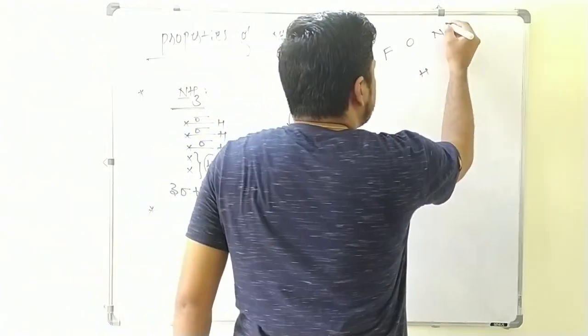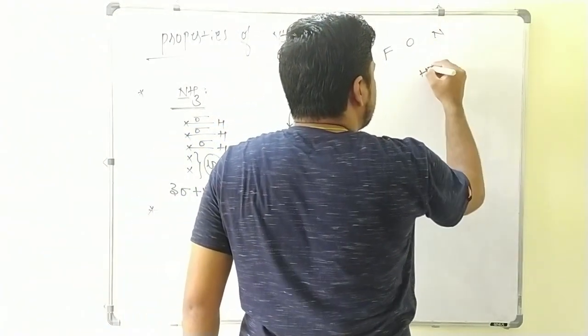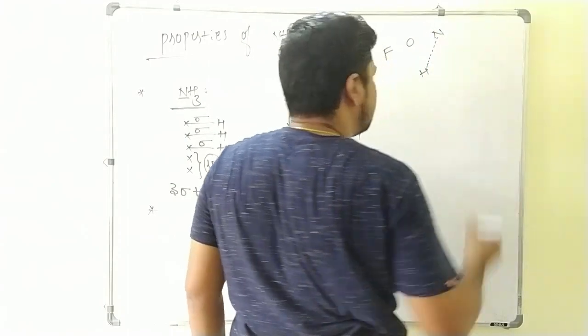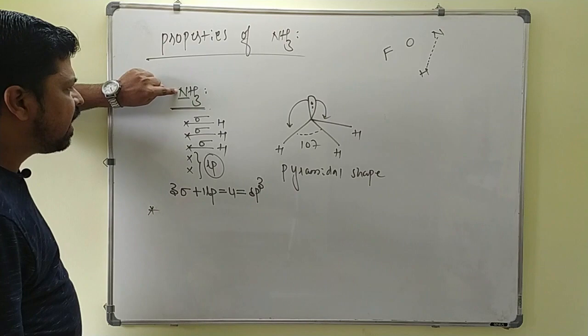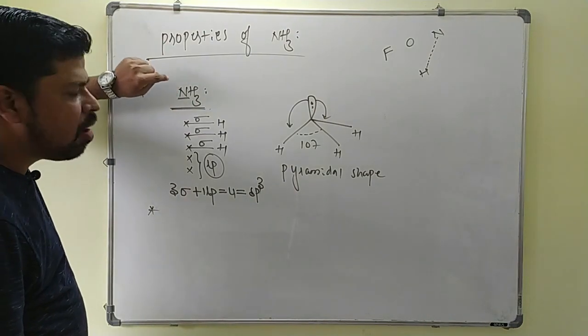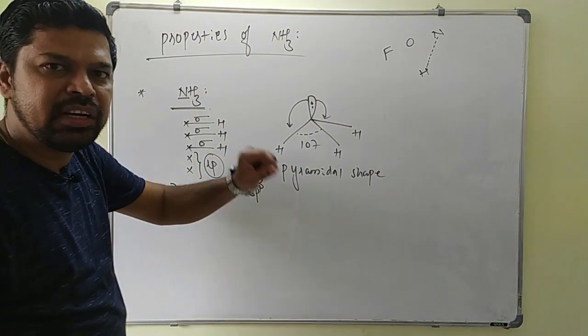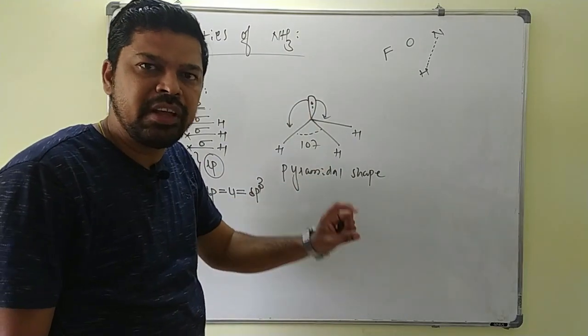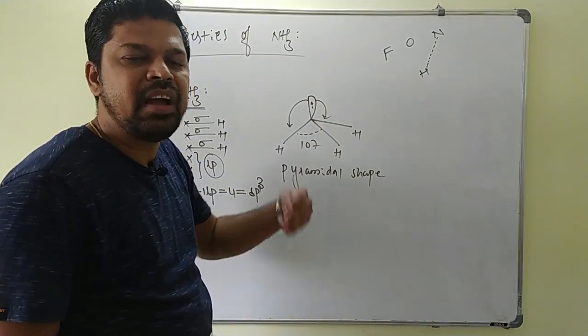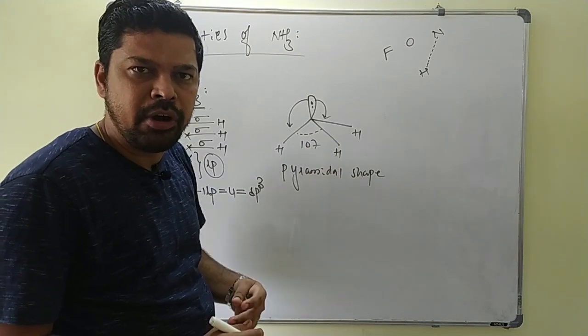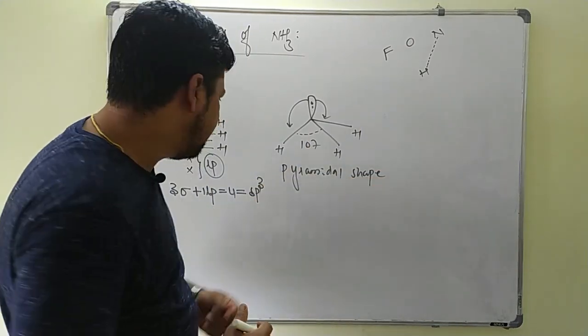Due to the small size and high electronegativity of the nitrogen atom, it forms hydrogen bonds. Because of this, the ammonia molecule is involved in intermolecular hydrogen bonding in the liquid as well as in the solid state. Hence, it has the highest melting point and boiling point among the hydrides of group 15.